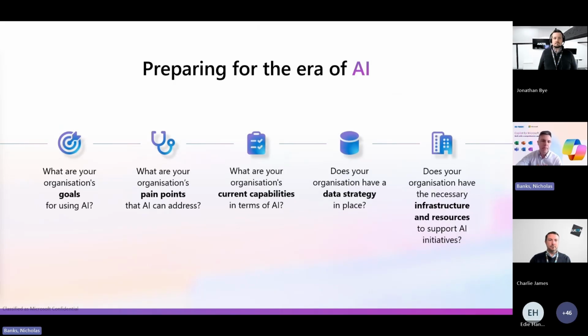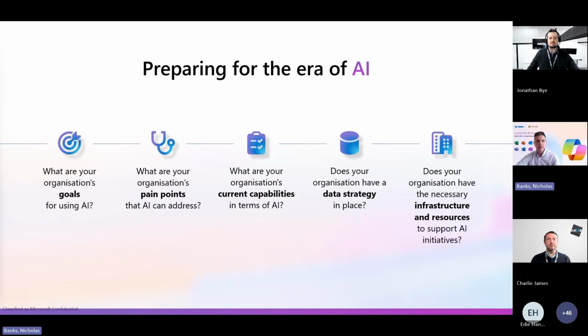Before you begin your journey to AI in the workplace, there are some things that I would consider and some questions that I would ask yourself. Number one is, what are the goals for using AI? Is it to get better insights from data? Is it to become more efficient? Is it perhaps to create some content, some marketing collateral, as an example? Number two, what are the pain points within your organization?